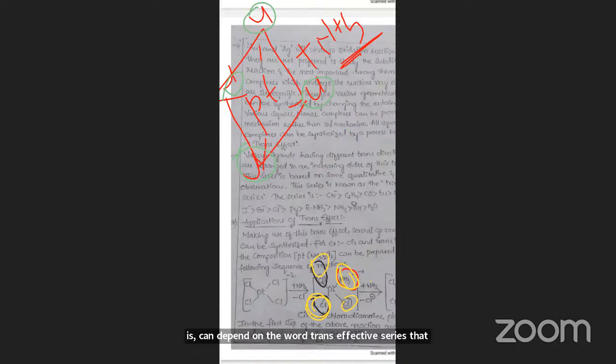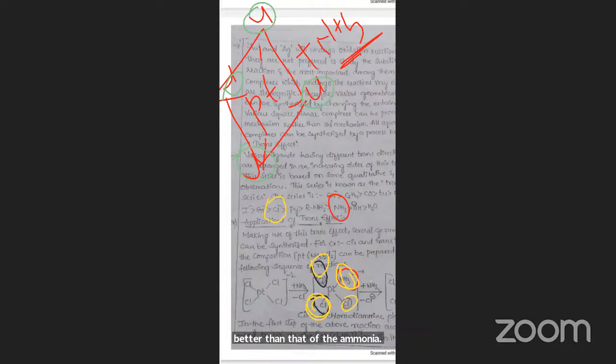Now observe here, platinum already has chlorines. Ammonia is the incoming ligand. What is the trans effect? The trans effect of chlorine is greater than that of ammonia.